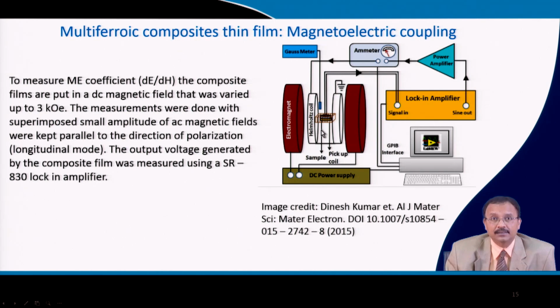This composite is put in a magnet where a DC magnetic field can be applied across it, and the DC magnetic field can be varied, in this particular case up to about 3 kilo-oersted. For the film you need less field, for the bulk composite you need more field.